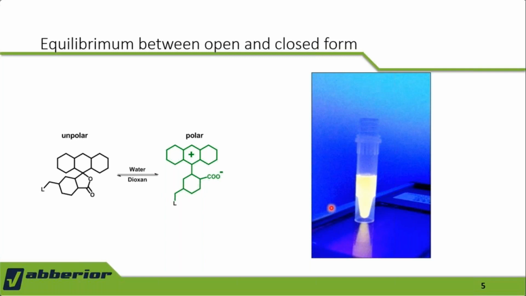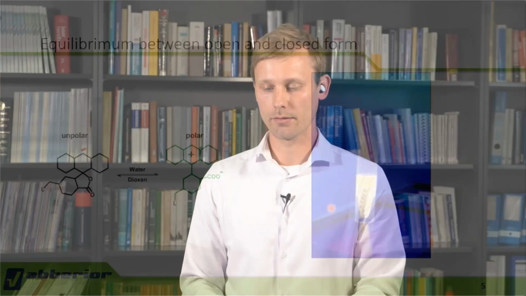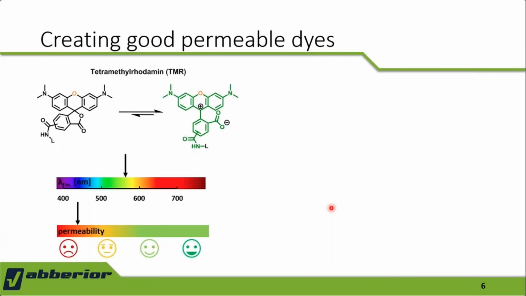So now, how can we play around with this equilibrium? How can we create fluorophores being either in this fluorescent state, but also having the possibility to form this non-charged, closed form? I will show you this in two examples.